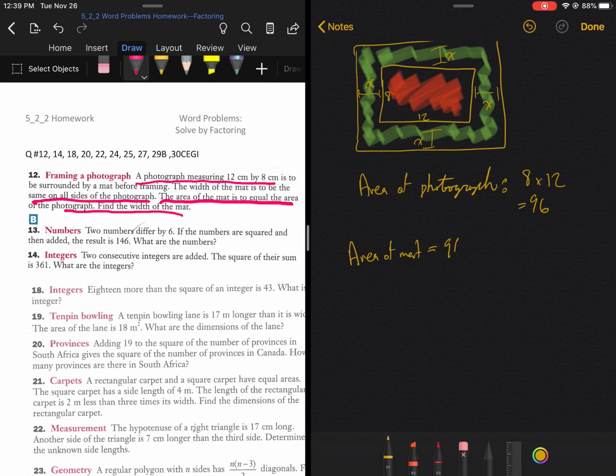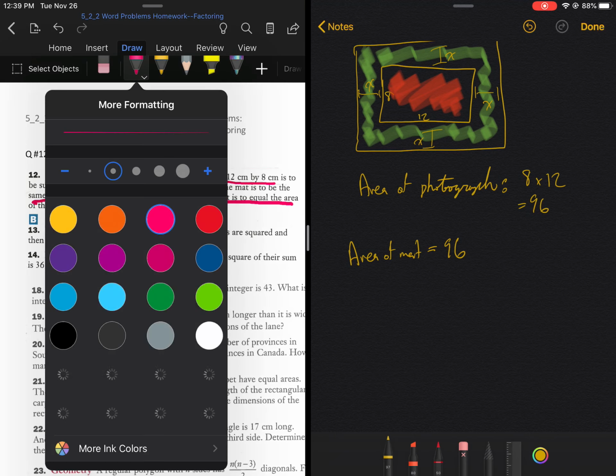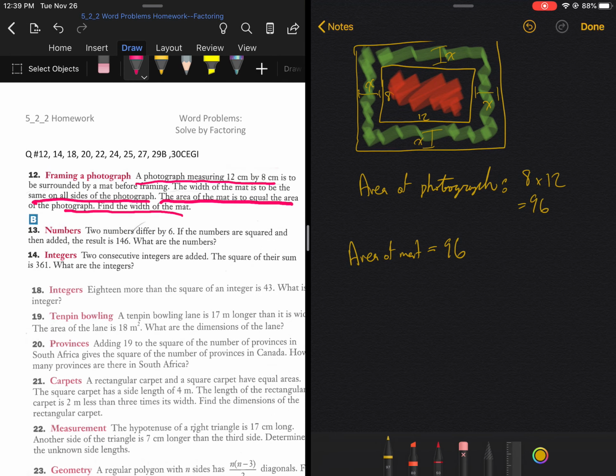Area of the mat is also equal to 96, because it says the area of the mat is equal to the area of the photograph.